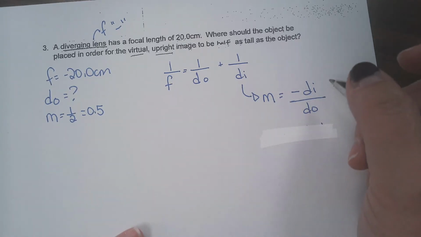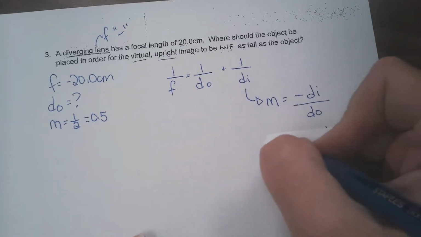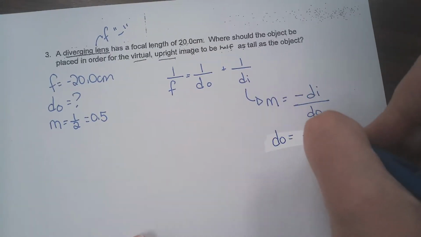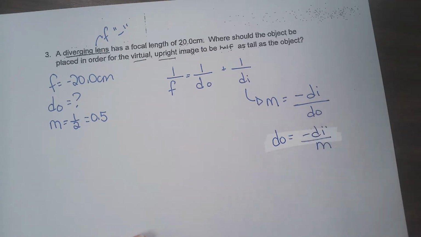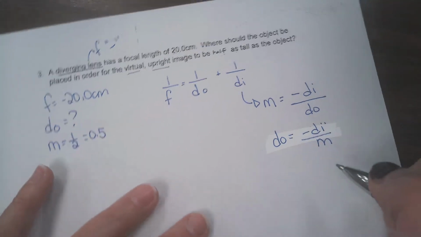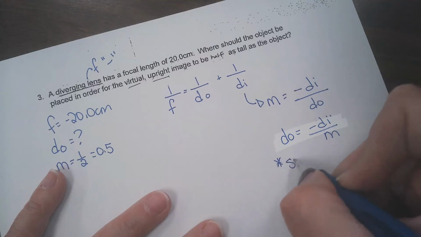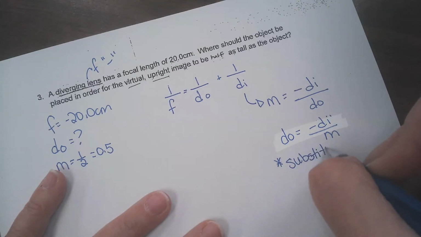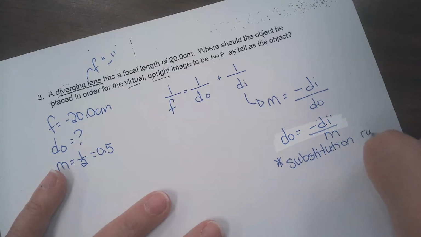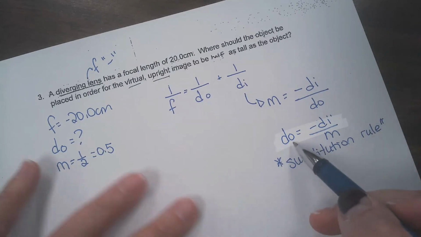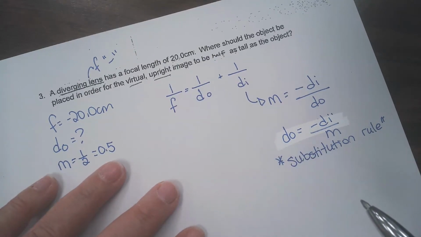Okay, DO is going to be negative DI divided by M. Do I have DI? No, I don't. But what I can do is use a substitution rule.